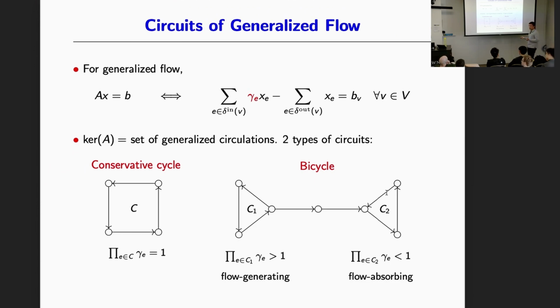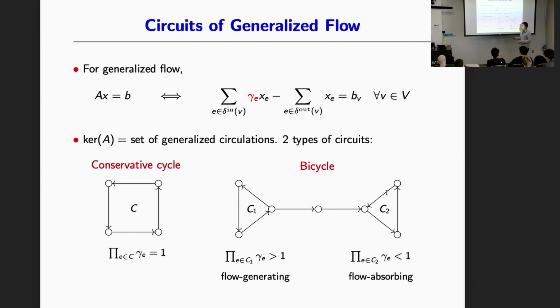Yeah. So when you were describing generalized flow at the beginning, you said leaky pipes. I assumed all of the gammas were going to be strictly less than 1. Yes, I guess it's not necessarily the case. If they are strictly less than 1, then what do your circuits look like? Can you not have any circuits or something? That's a good question. I argue that you will still get these two types. Now you're asking why, if the gain factors are less than 1, do I get a flow generating cycle?